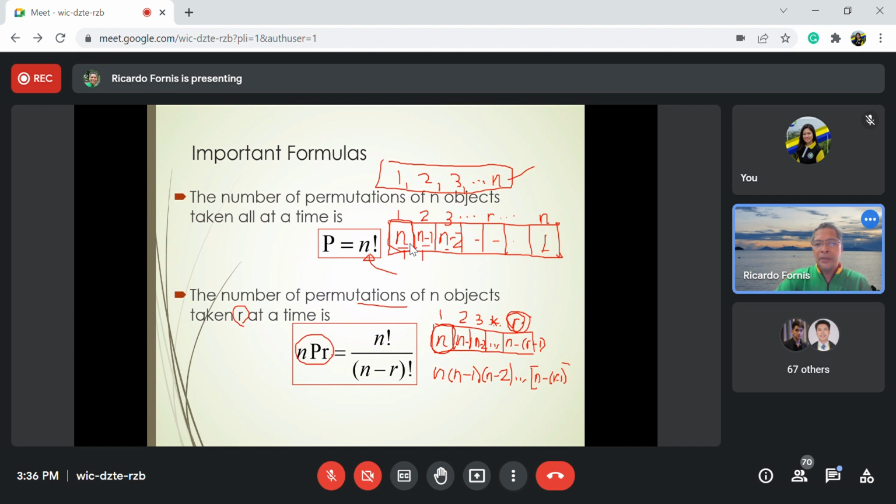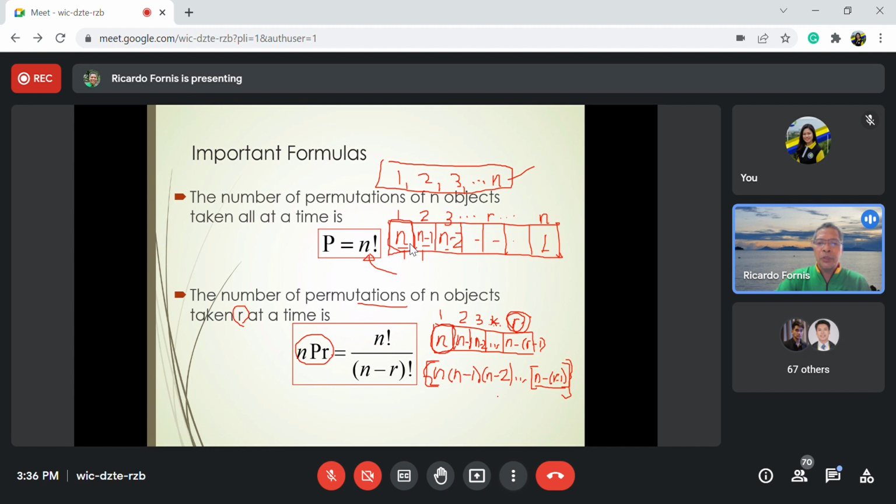That's it, no? But this is a long formula. So to make it shorter, you can modify this by multiplying by n minus R, which should be the next number in the sequence.